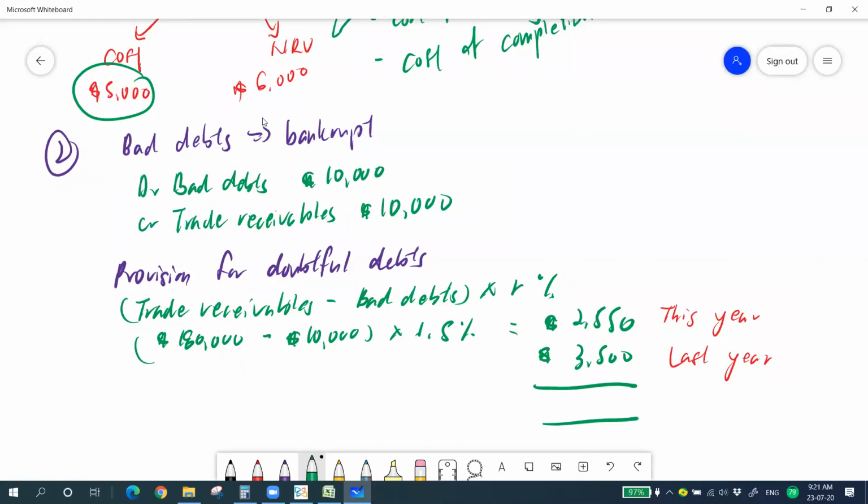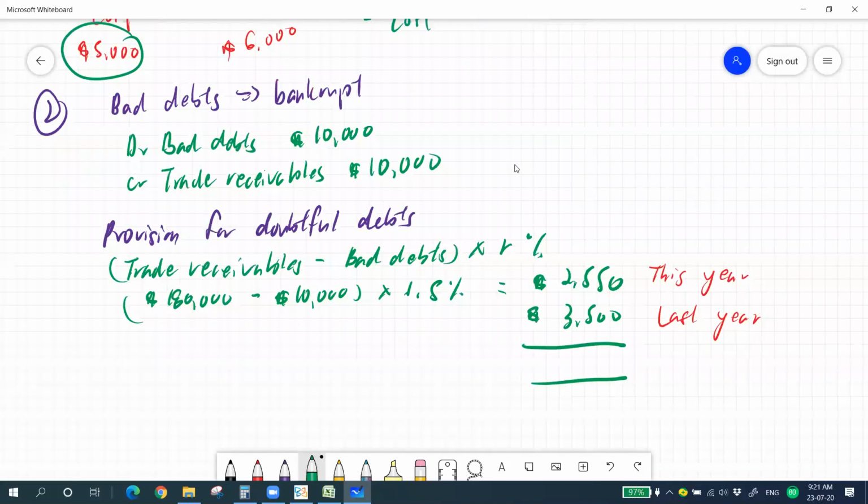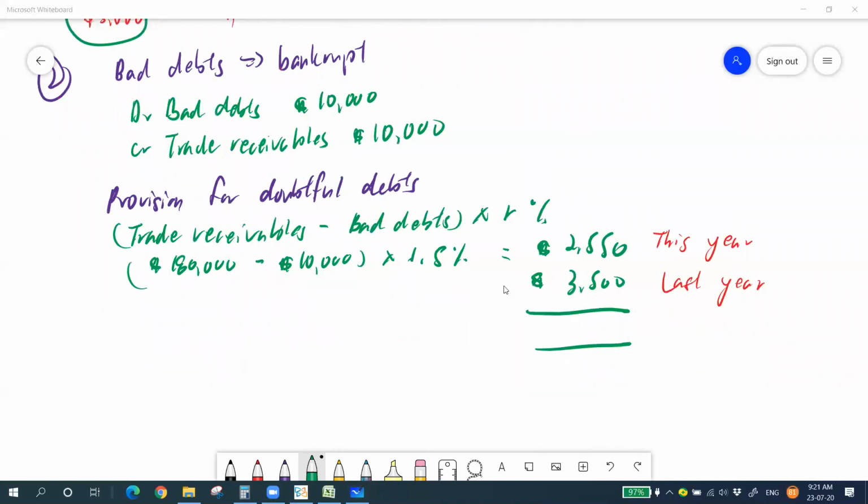So class, can you tell me what is the change in our provision for doubtful debts? Increase or decrease? And if increase, how much is the amount? If decrease, how much is the amount? Decrease, right? Yes, we have a decrease in the provision for doubtful debts from 3,500 to 2,550, and the value is 950.